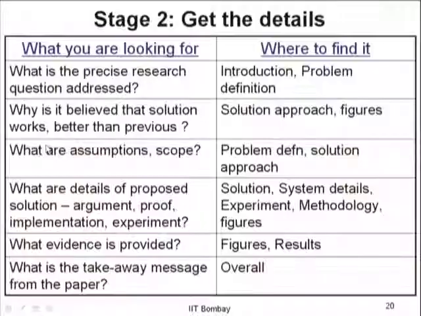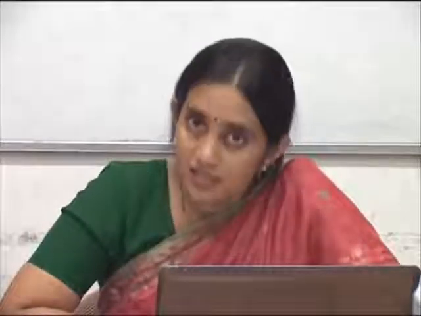Then comes a very important question as to what are the assumptions the researchers are making? What are the boundaries in which they are working, the boundaries or the scope? What are the limitations? So for example, in this paper, we will have to go back and read where the authors state their assumptions.